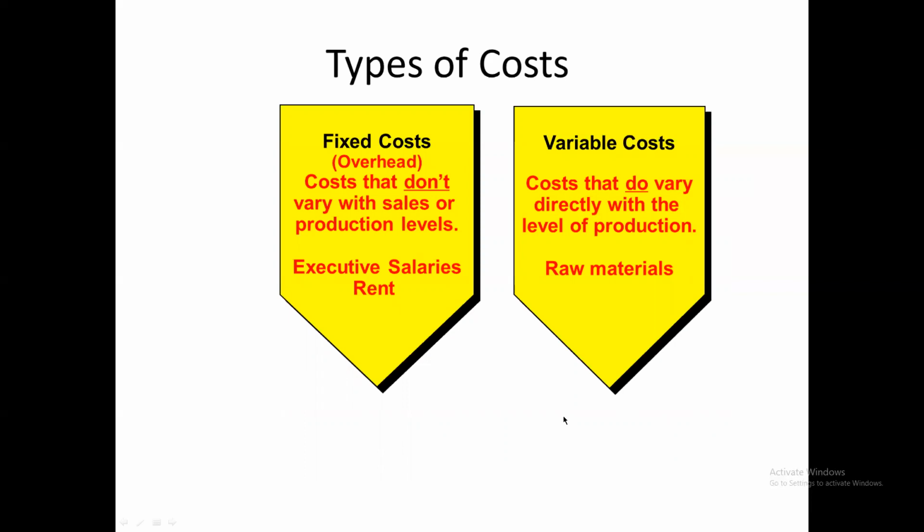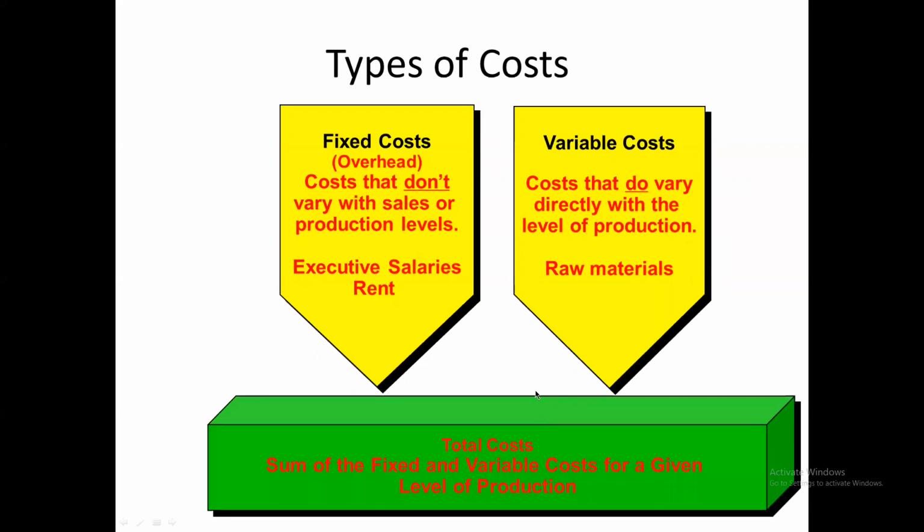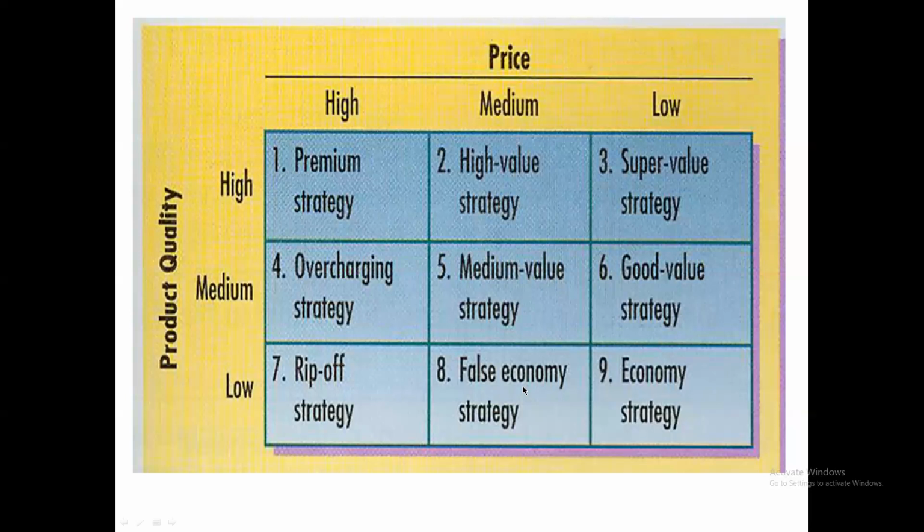The raw materials prices may go up and down from time to time, and thus this cost will also vary from time to time. That is the variable cost. The total cost is the sum of the fixed and variable cost for a given level of production.